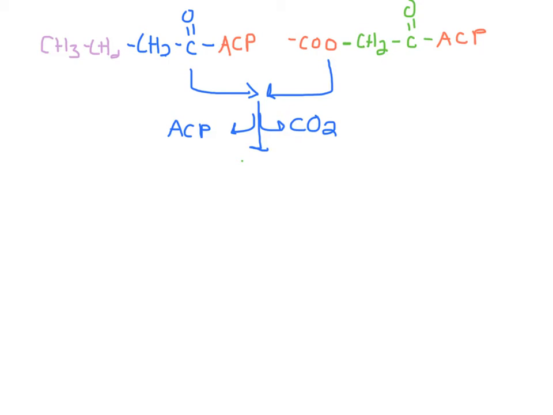And the difference is, again, simply that we have this longer chain. And I'll draw that out so that you can see where the carbons for this longer chain are originating.